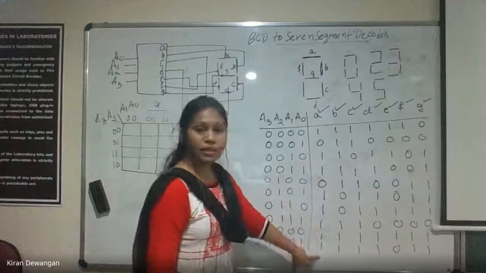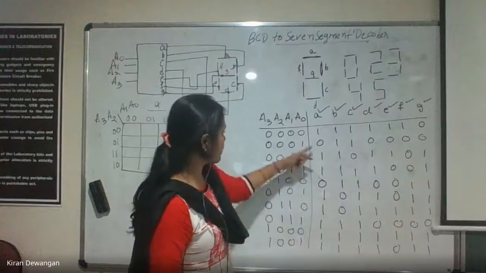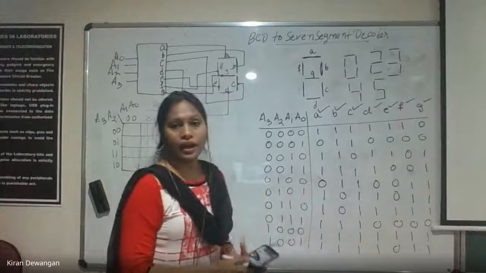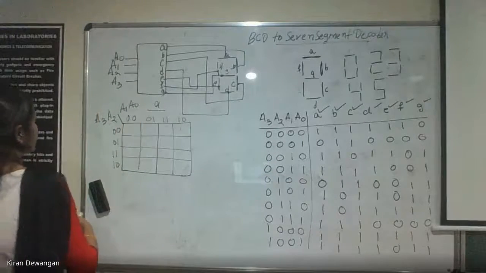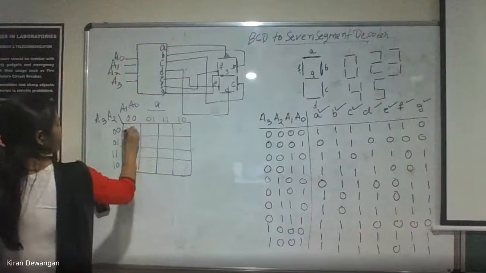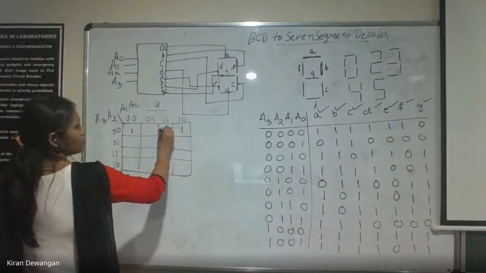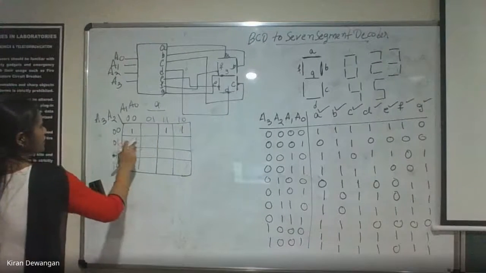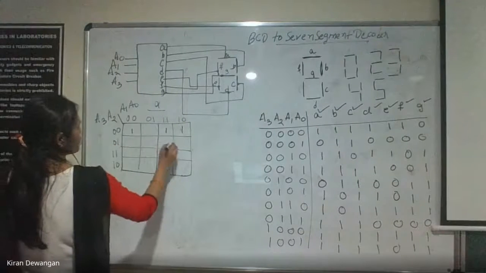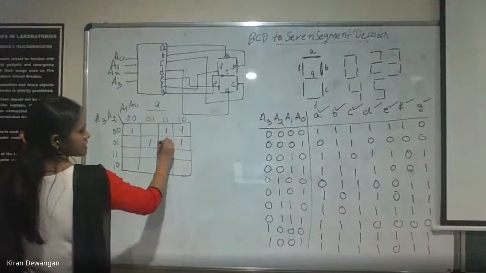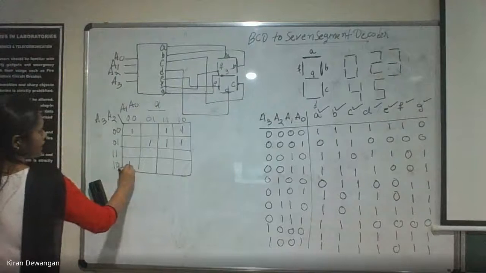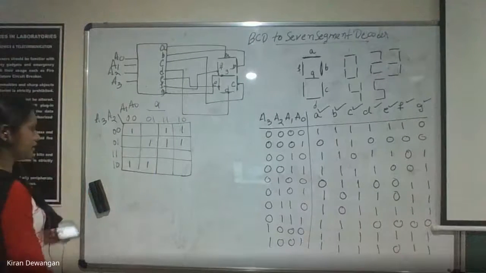These are the combinations except 1 and 4. Correct. It is going high for 0, 2, 3, 4, 5, 6, 7, 8, and 9.